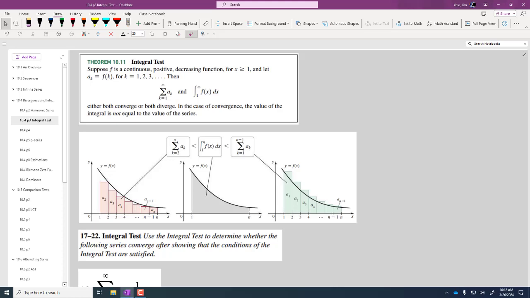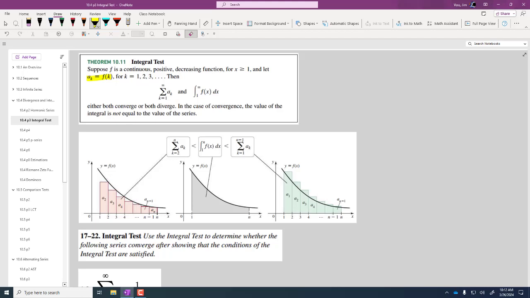So we're visualizing like 1 over x squared, 1 over x cubed, something like that. And it's decreasing. So we're imagining the ski slope, down like that. That's what we're visualizing. Continuous, positive, and decreasing. For x greater than or equal to 1, our sequences start at 1 typically. And the sequence is going to be a subset of that continuous function.